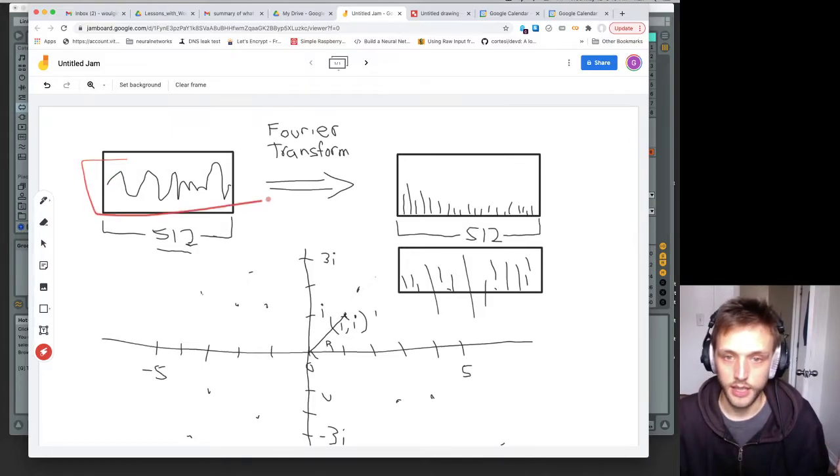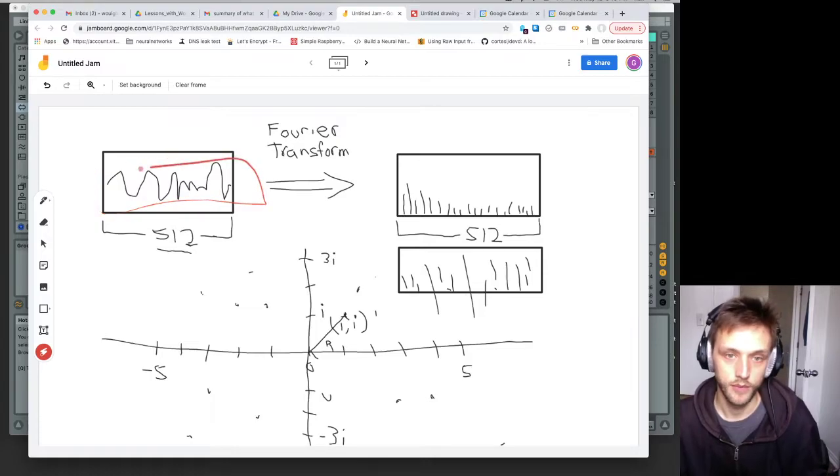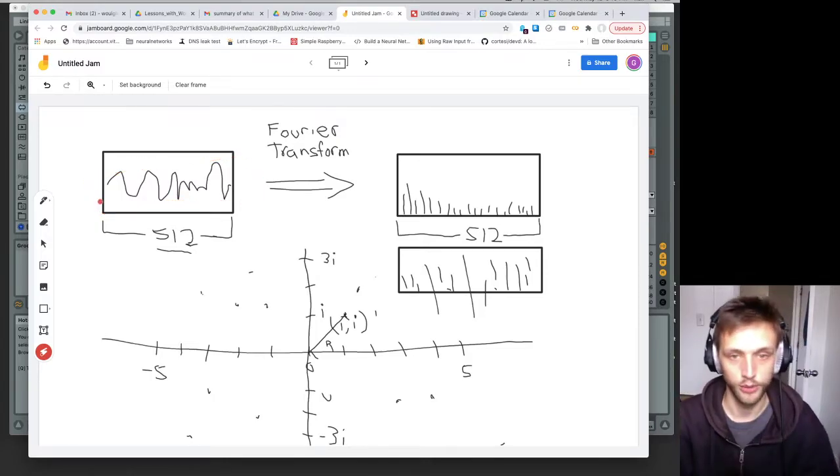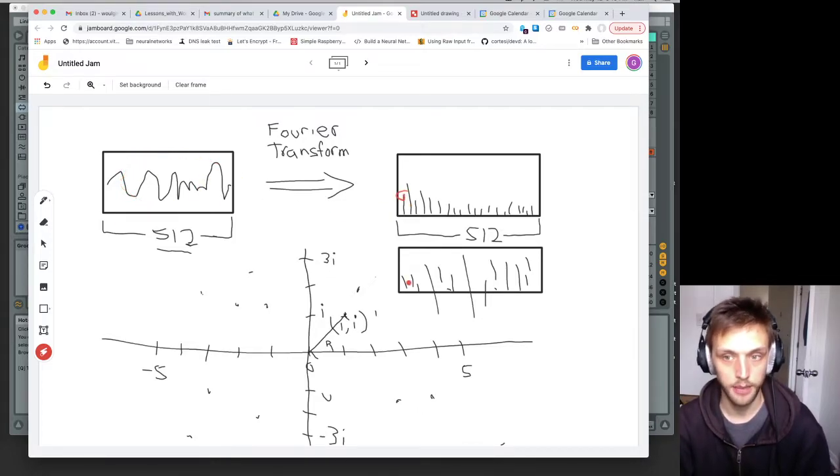Okay, so this is this sort of Fourier theory that if you have a signal like this, an amount over time, a squiggly line, what we can do is figure out what all the component sine waves are of that signal. And inversely, if we know what the component amplitudes and phases are of a signal, we can generate it just by playing all those sine waves at a time.